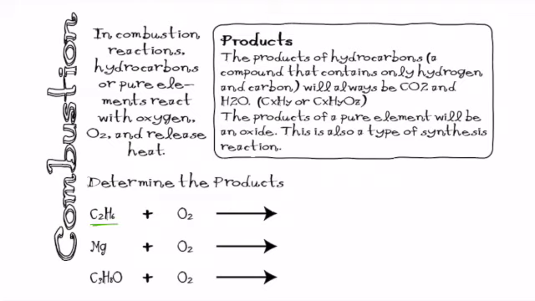This is the combustion of a hydrocarbon, so our products are CO2 and water. When magnesium reacts with oxygen, it'll form metal oxide, so magnesium oxide. And the third one, this is also a hydrocarbon, so the products are CO2 and water.